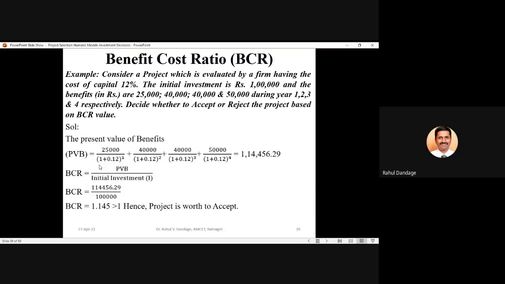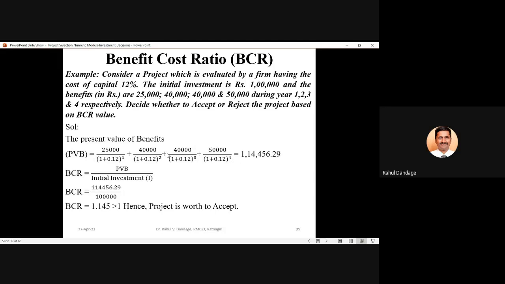So 25,000 divided by (1 plus 0.12) raised to 1, plus 40,000 divided by (1 plus 0.12) squared, plus 40,000, that is third year's benefits, divided by (1 plus 0.12) cubed, plus 50,000 divided by (1 plus 0.12) raised to 4.